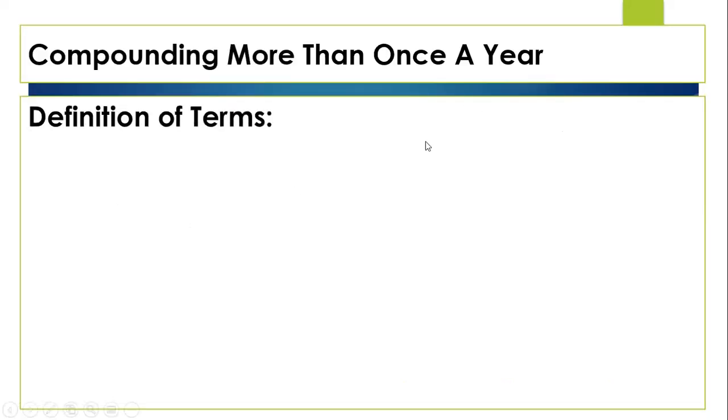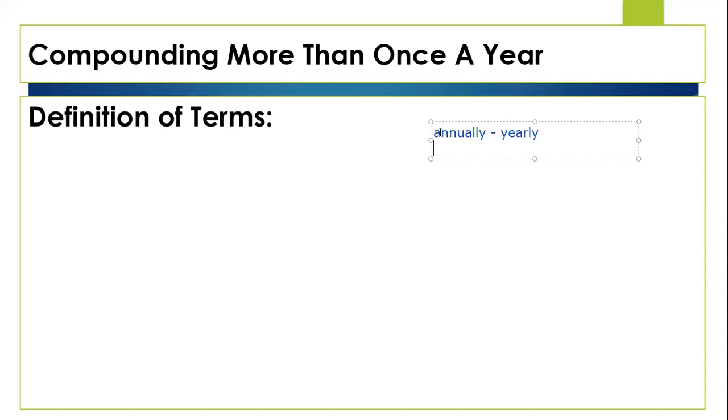Okay? So how about naman, meron tayong tinatawag na compounding more than once a year. May encounter tayo. Compounded kanina, compounded annually. Annually means yearly po yun.